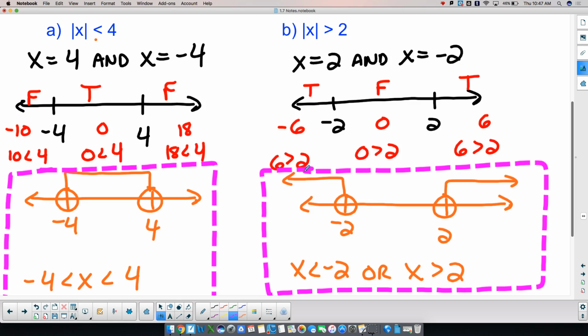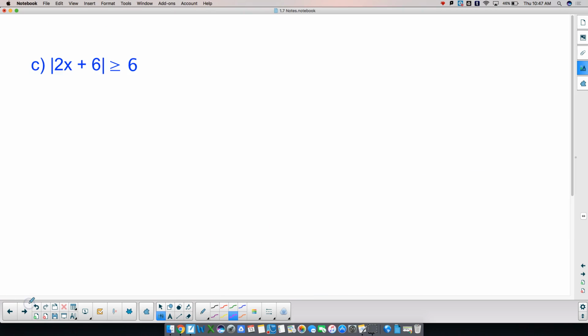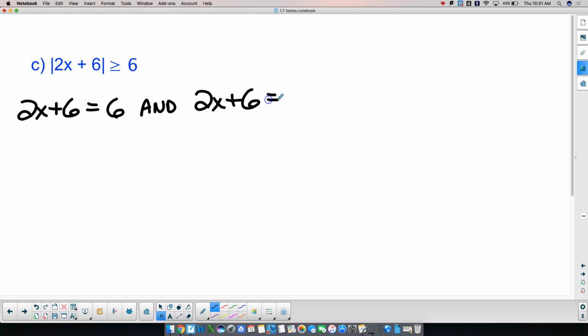Okay. You try that one. So 2x plus 6 equals 6, and 2x plus 6 equals -6. Subtracting 6.